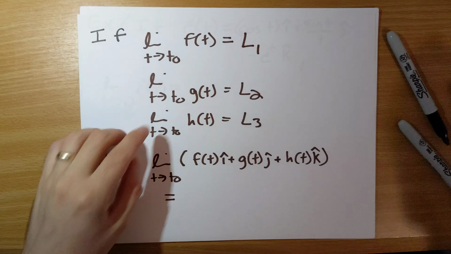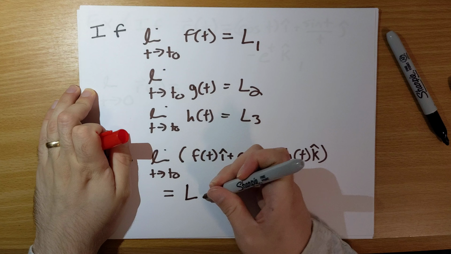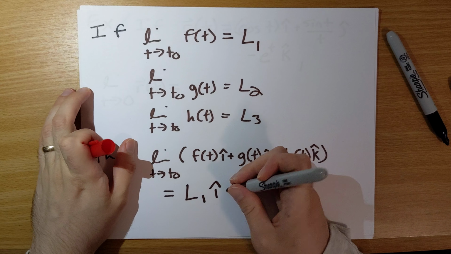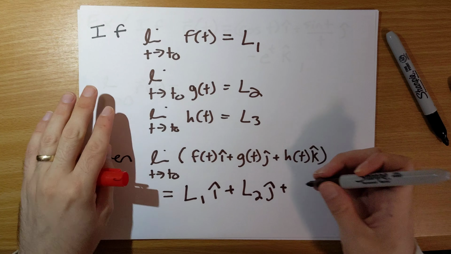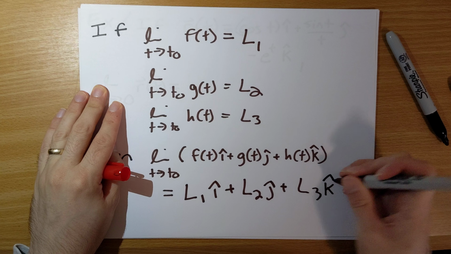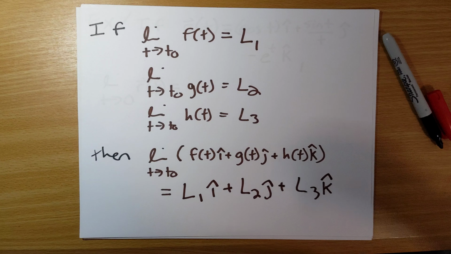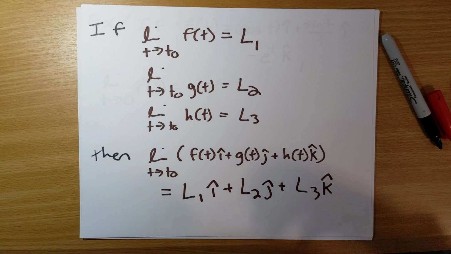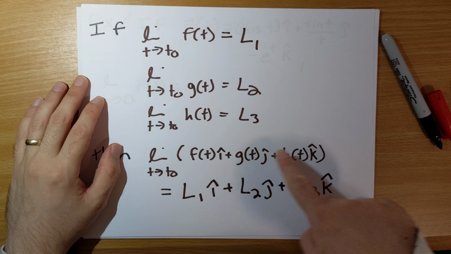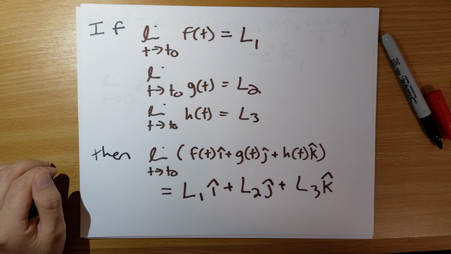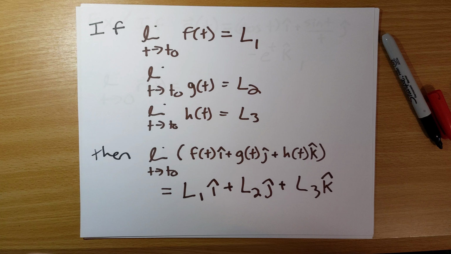F of t goes to L1, so we have L1 i hat. G of t, the limit of that is L2, so then we have L2 j hat. And then h of t, the limit of that is L3, so we have L3 k hat. What's going on here? In order for the limit to exist, each one of the limits of the three underlying component functions has to exist, and then the limit is exactly what you'd want it to be.